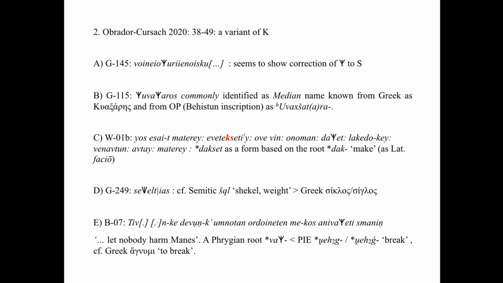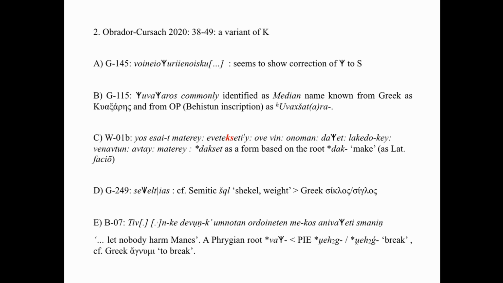He suggested that the final sentence is connected with a sort of curse formula or imprecation in this case, and can be interpreted like "let nobody harm Manes." He proposed to identify the root as waps and proposed some etymological connection, which again is evidently not compelling.